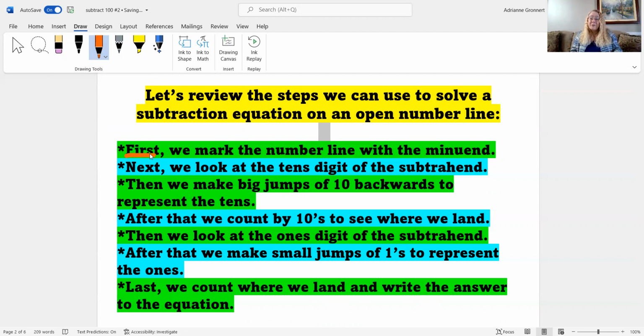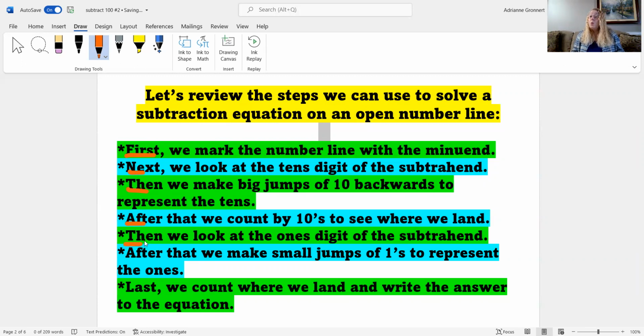That's right, it's the first number in the subtraction equation. Next, we look at the tens digit of the subtrahend, or the second number in the equation. Then we make big jumps of 10 backwards to represent the tens. After that, we count by tens to see where we land.